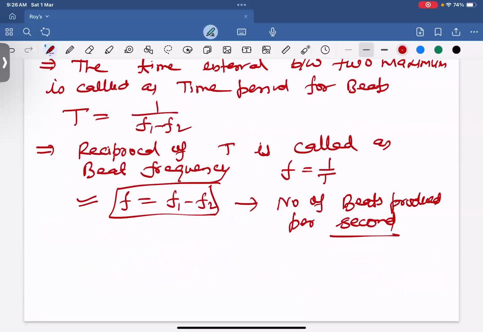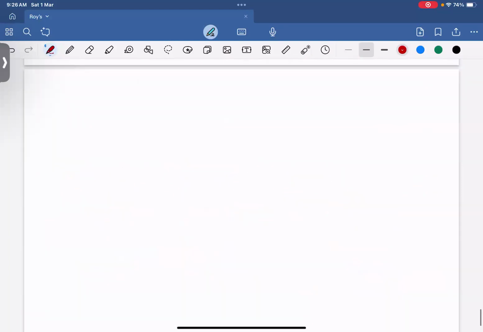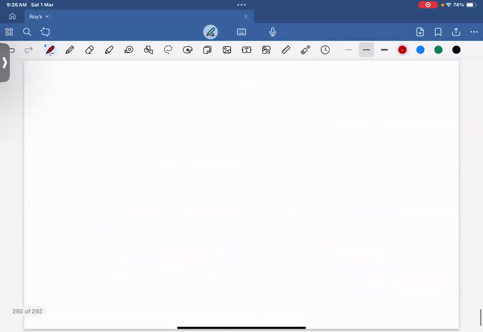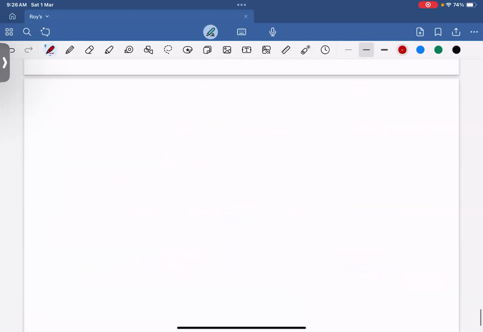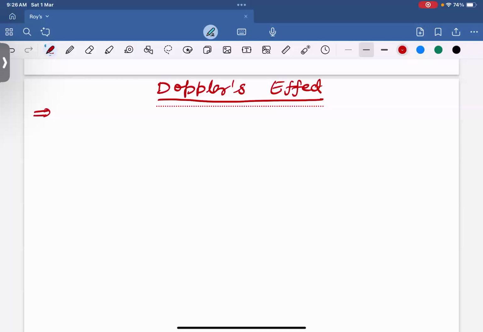Now the last topic of this chapter, after beats, is the Doppler effect. Now what is this?